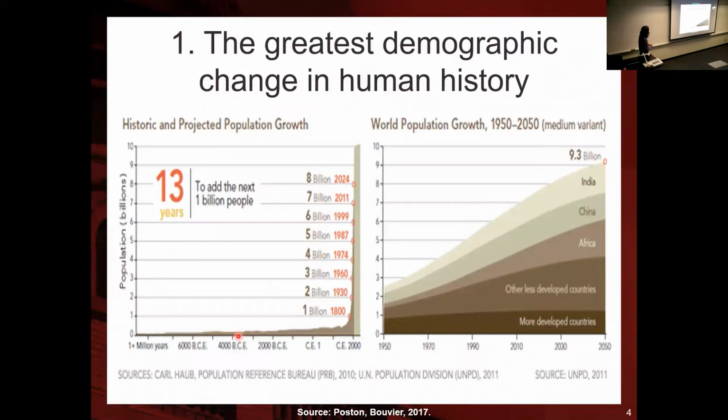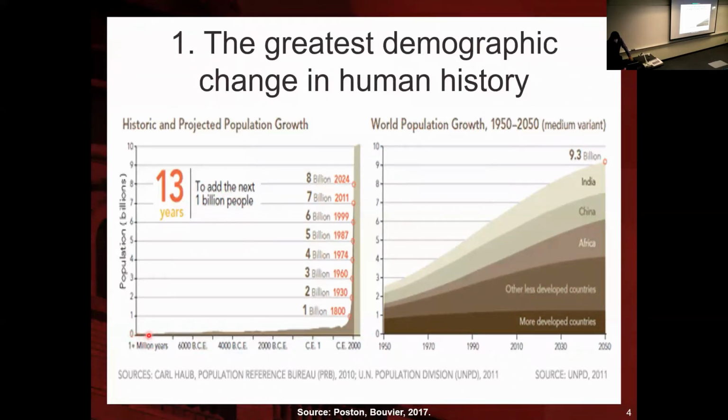So here we see that between 2011 and an expected 2024, we had only 13 years and the world added another billion people to the world population.